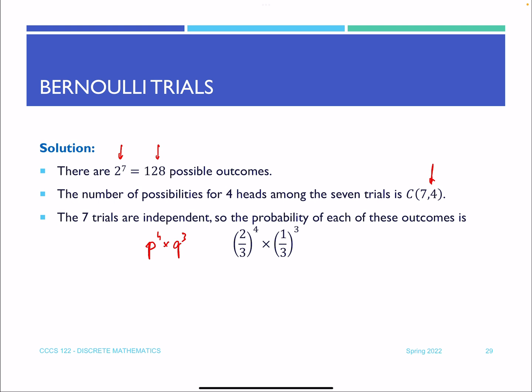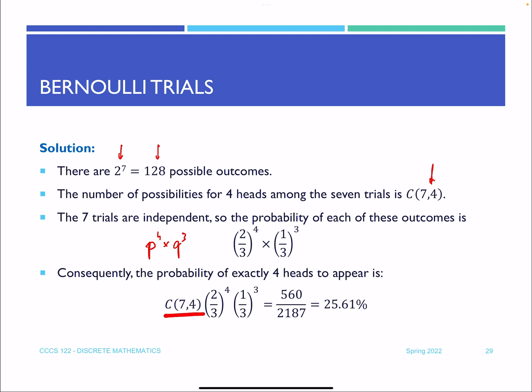And how many different ways can that happen? Well, that can happen in, like I said, C(7,4) ways, and that's why we multiply this by C(7,4). You expand that and you get 560 over 2187 after you expand all of this.